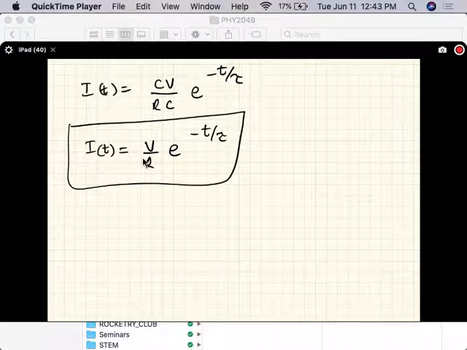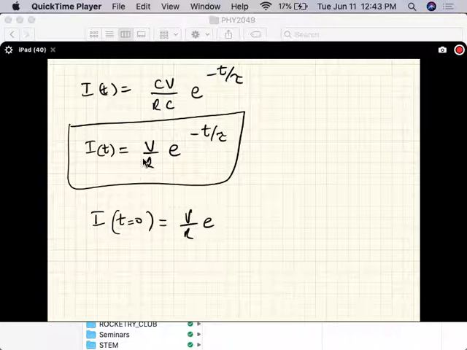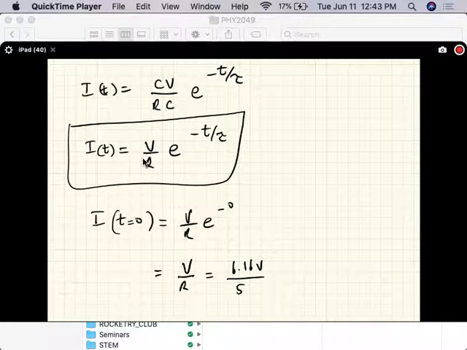Okay, and so at t equal to 0, the current is V over R e to the power minus 0, which is V over R. And that's equal to 6.16 volts divided by 500 ohms.